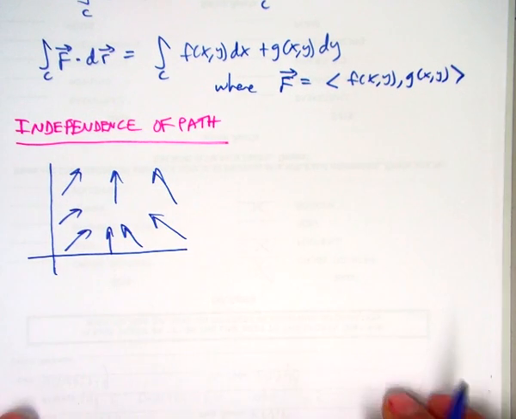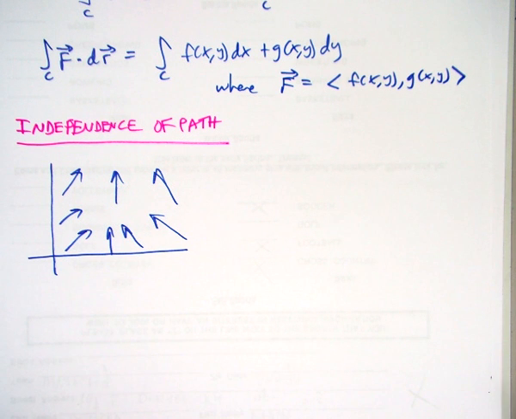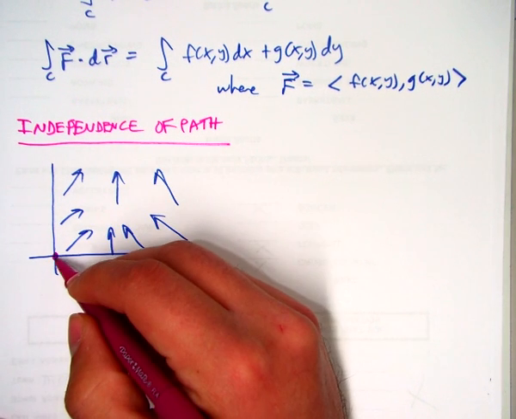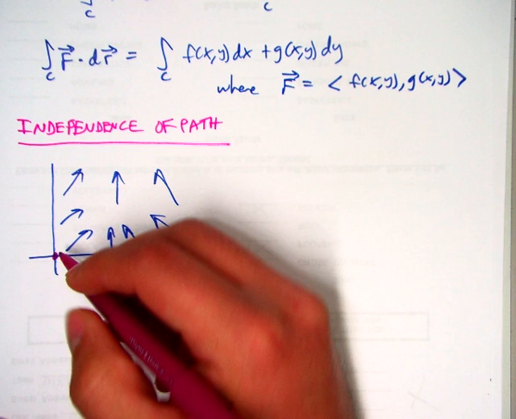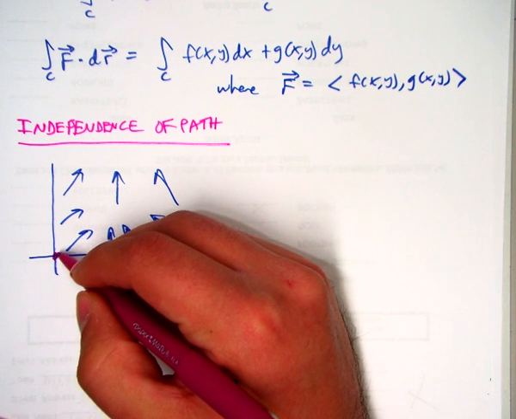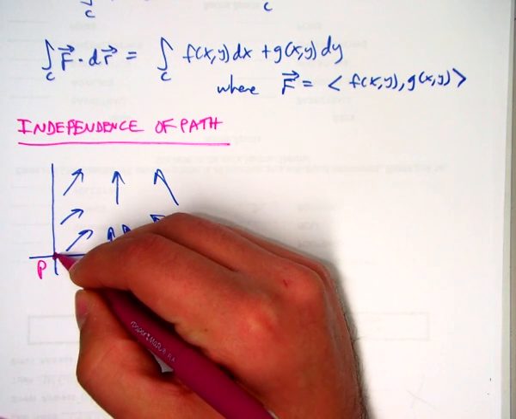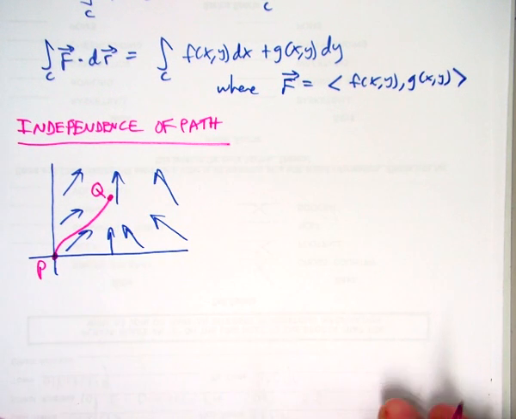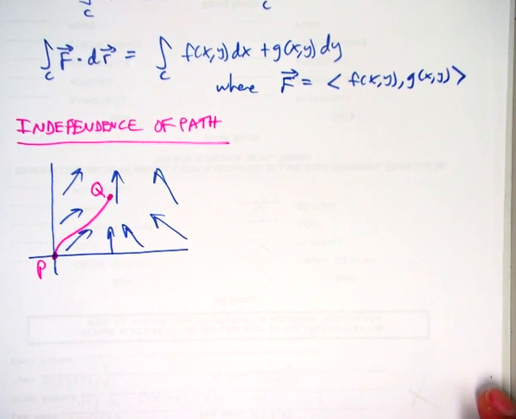Maybe it looks something like this. And let's say we want to move along a fixed path from the origin, we'll call that P, to another point over here, let's call it Q.